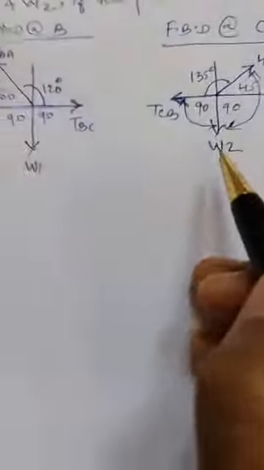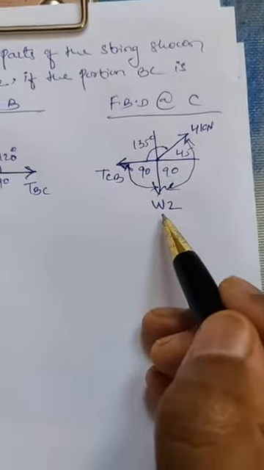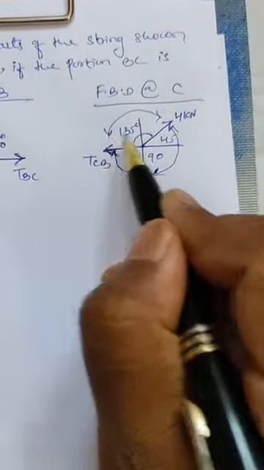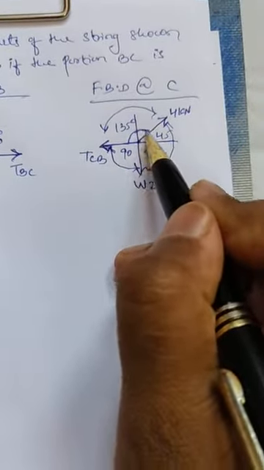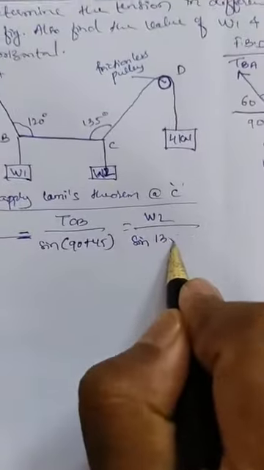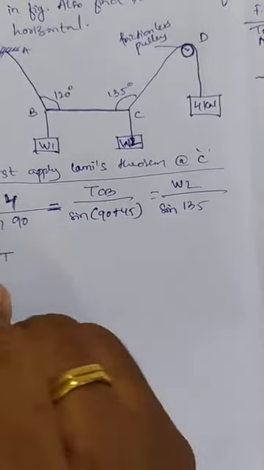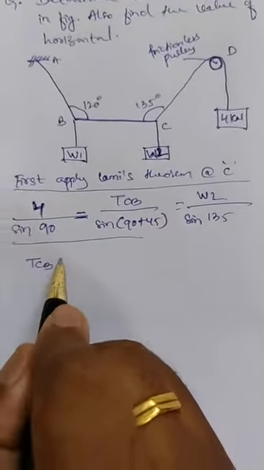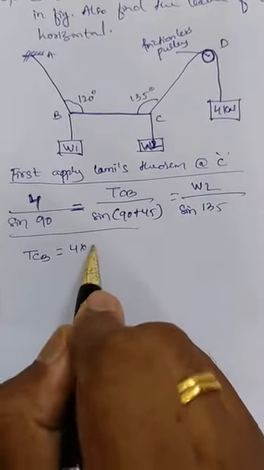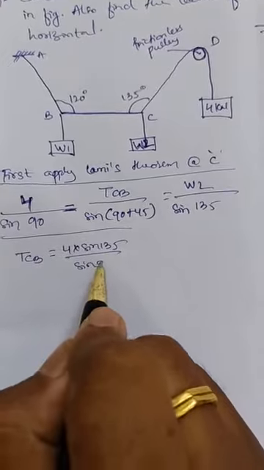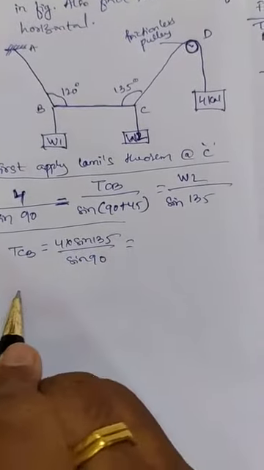Okay, now when I consider W2, the opposite two forces are TCB and 4. What is the angle between these two? It is already given here, 135. So it is sine of 135. Now to calculate TCB, compare first to TCB: TCB is equal to 4 into sine of 135 divided by sine 90.